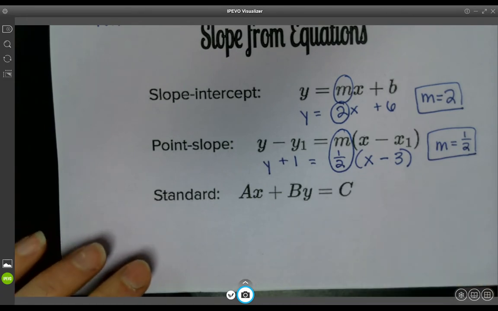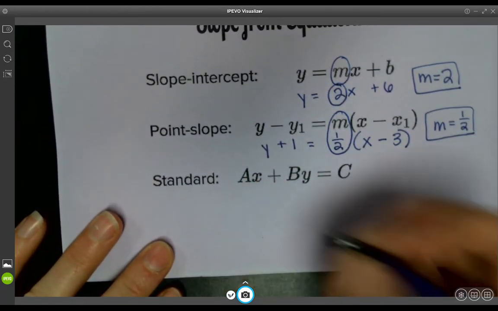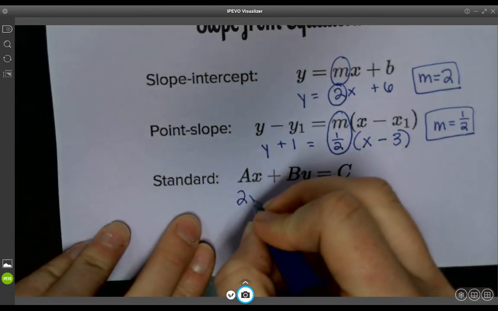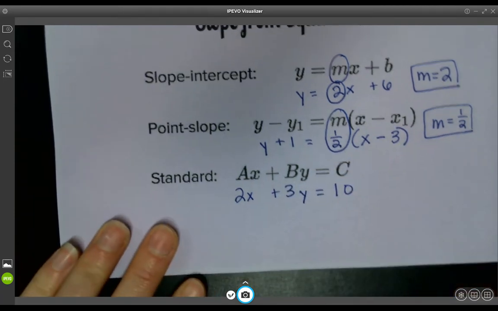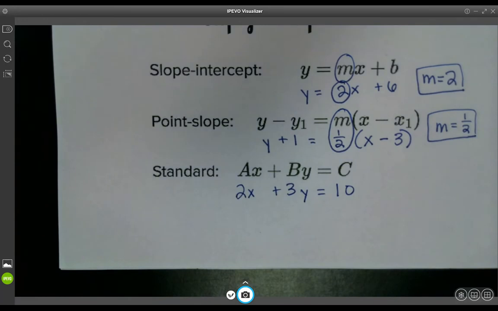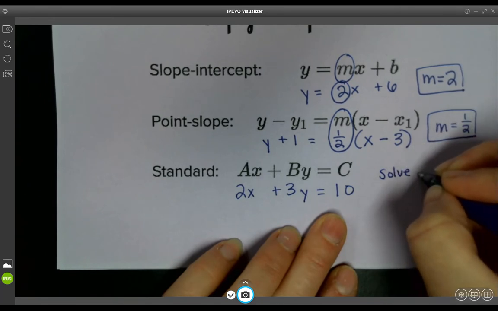If it's not written in either one of those forms, it's written in standard form. It's going to look like 2x plus 3y equals 10. What we would have to do is solve for y and put it into y equals mx plus b.